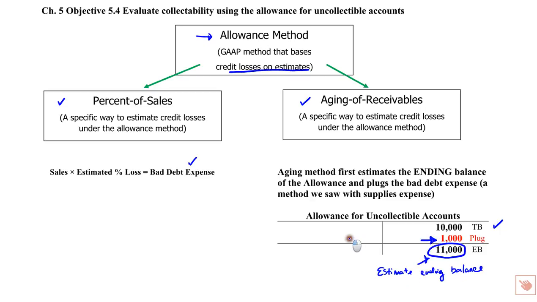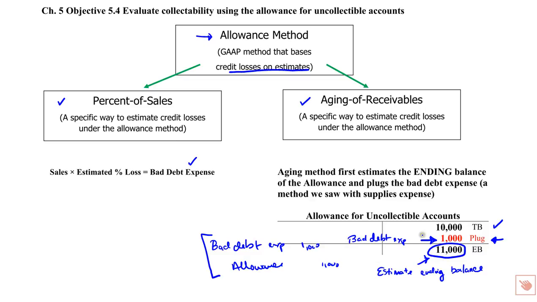This is your bad debt expense. So you're effectively using the T account to figure out what you would have posted from the journal entry. The journal entry would have been, and you'd have to do it to put it into your system, bad debt expense, and then the allowance, 1,000, 1,000. This is the way we would get our supplies expense, if you remember that.